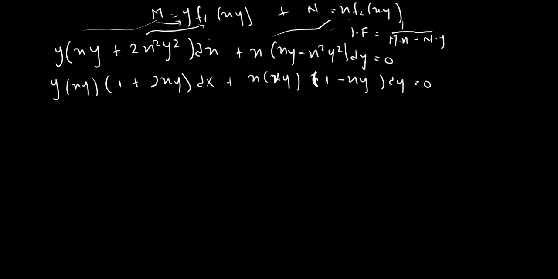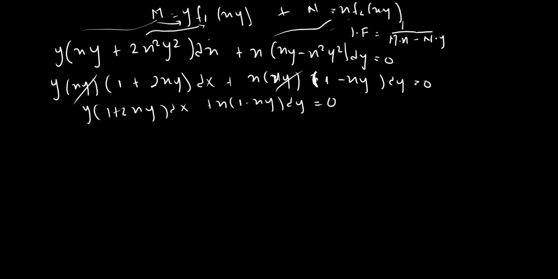This way it makes it easier for us to solve. So here I can divide through by xy, so xy will cancel, xy will cancel. Here I'm going to have y into the bracket of 1 plus 2xy, then my dx plus x(1 minus xy) dy is equal to 0.